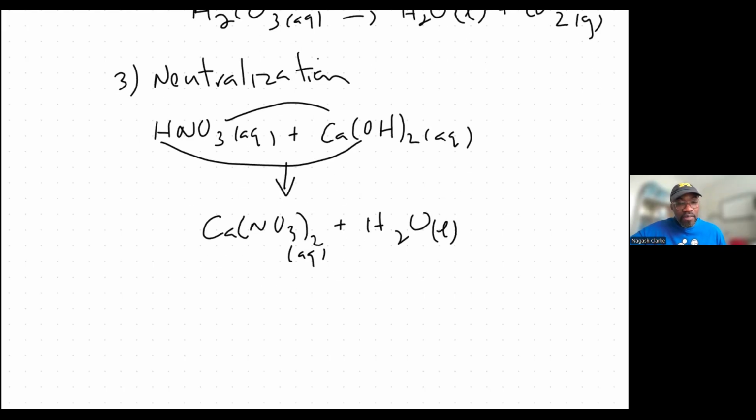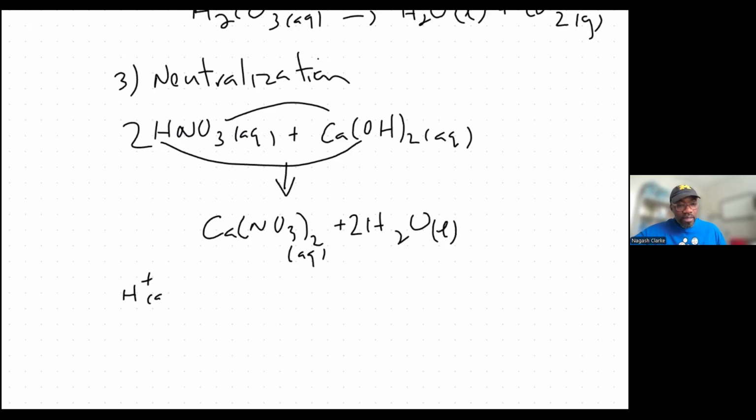So let's start. Nitric acid breaks down. Well, actually, let's balance it first, because I'm thinking this needs to be balanced. Yeah, so I should put a 2 there. Let's see, we got 2 there. We should be good.